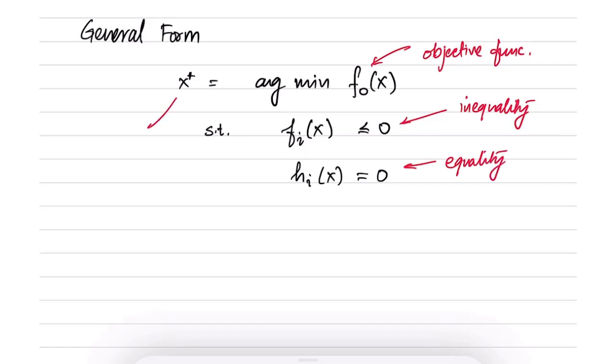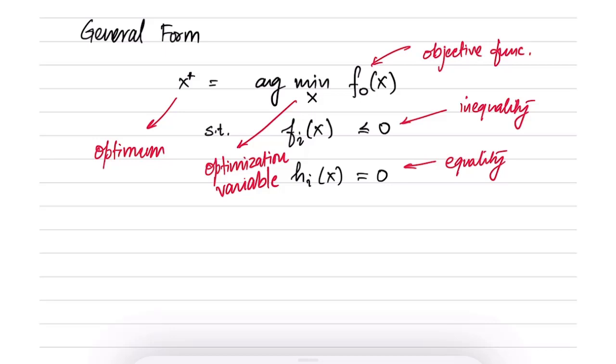Here x star is the optimum, and the optimization is with respect to x, which is called the optimization variable. So x could be a vector, it could be a matrix, for instance.